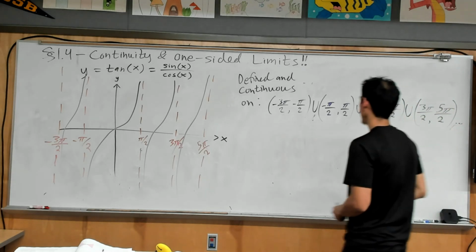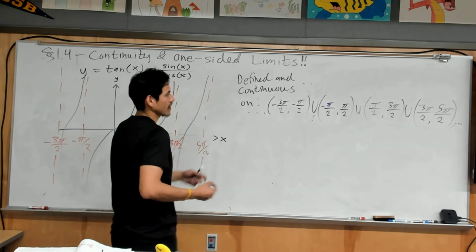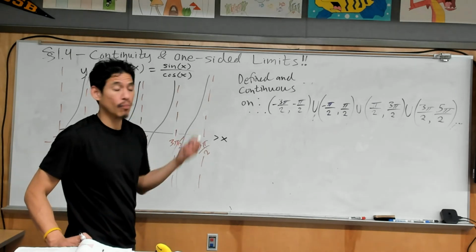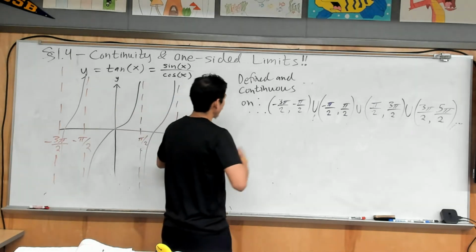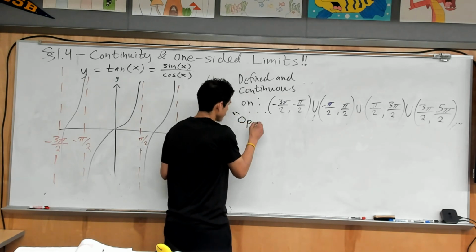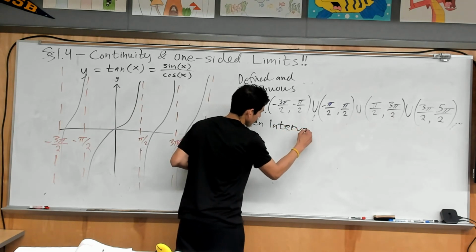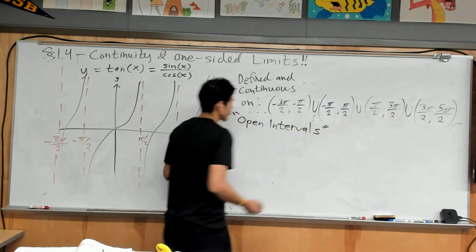I mean, you could go backwards or do plus minus, but that's the idea. So it's continuous on open intervals. These are open intervals because we have parentheses. It's a technical thing that you have to make sure you understand.